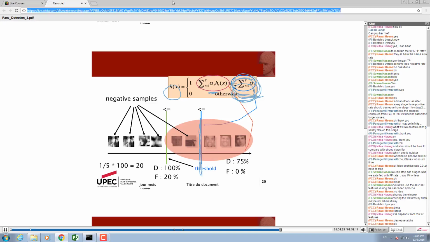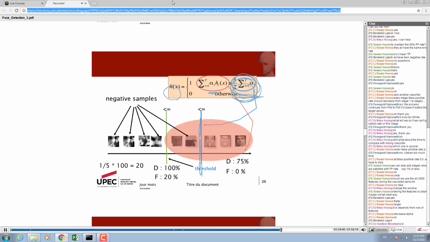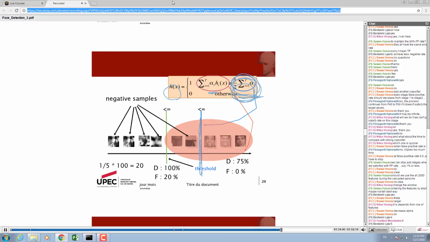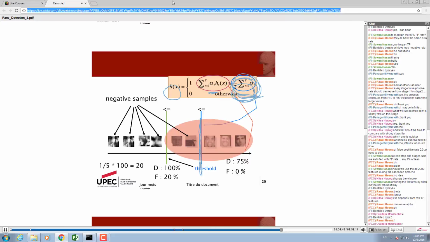Using this default threshold, first of all, how many face samples do you have now? Can you classify? 4. Yes, we have 4. How many non-face samples, negative samples? We have 5. Yes, 4 and 5.